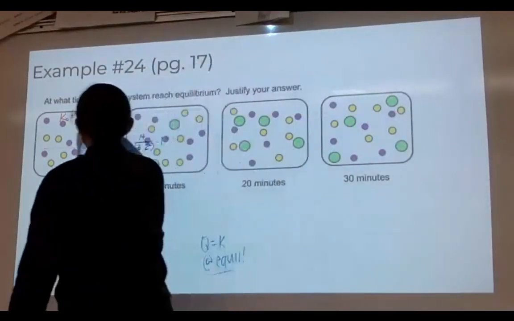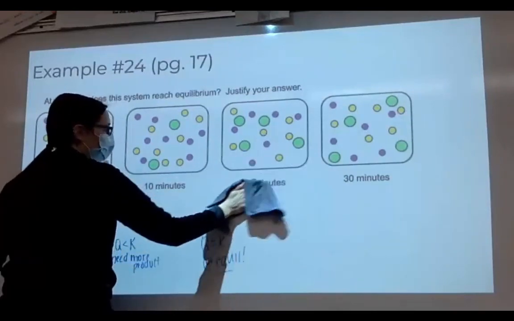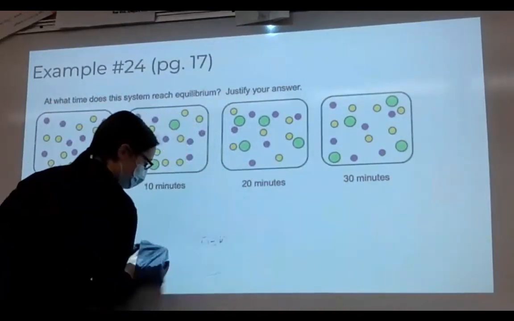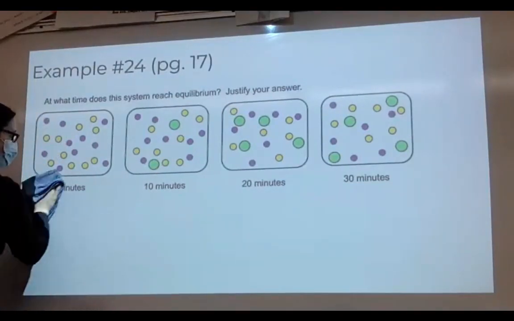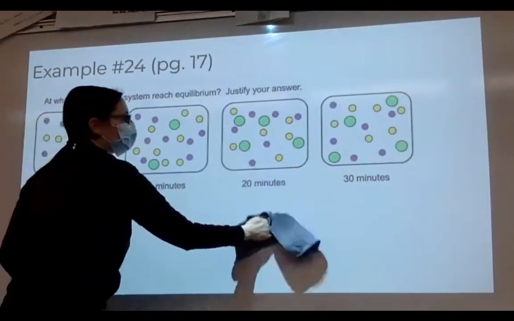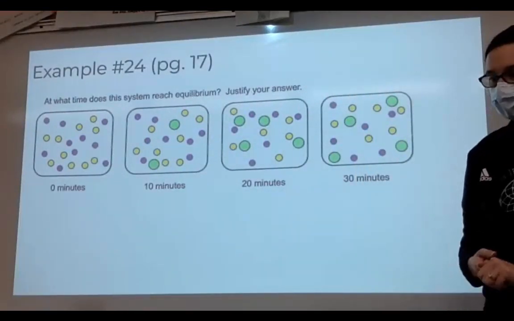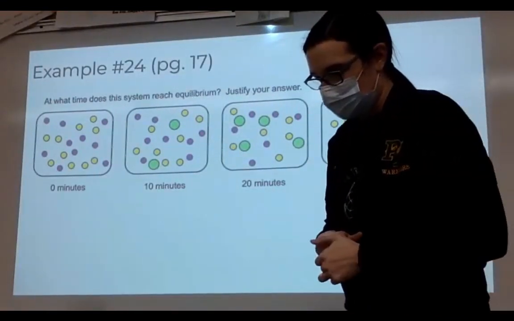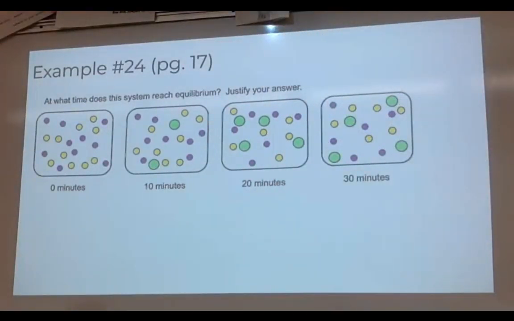So read through 24. See if you can tell what time the system reaches equilibrium. So you have 0 minutes, 10 minutes, 20 minutes, and 30 minutes. Counting your particles could be useful as well.